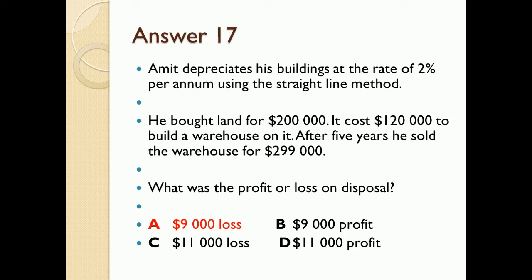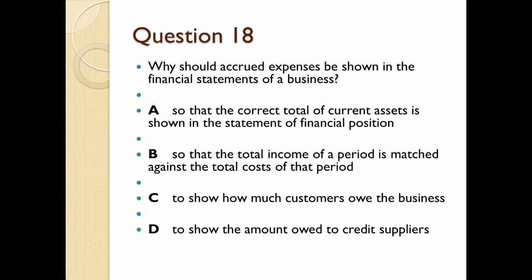Okay boys, next question. Why should accrued expenses be shown in the financial statement of a business? Accrued expenses mean the expenses you have to pay. So why do we show them in our statement of financial position?